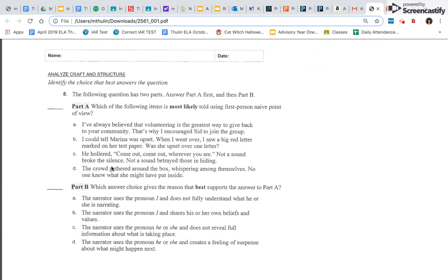C, the narrator uses the pronoun he or she and does not reveal full information about what is taking place. D, the narrator uses the pronoun he or she and creates a feeling of suspense about what might happen next. Again, use the definition of first-person naive point of view to answer these 2 questions.